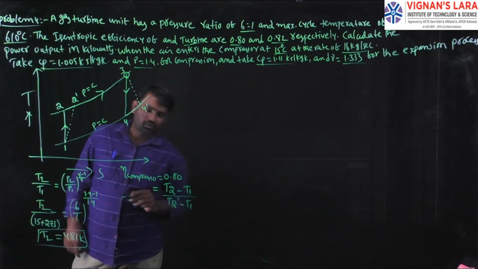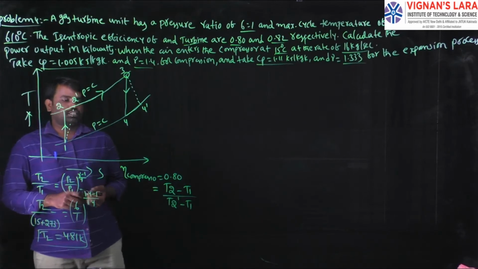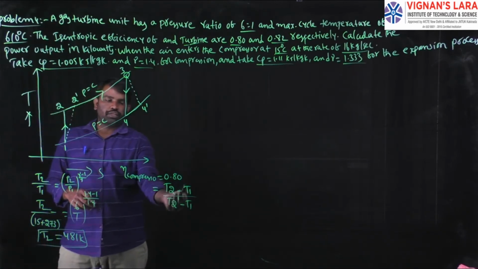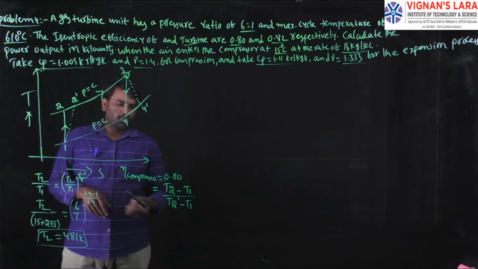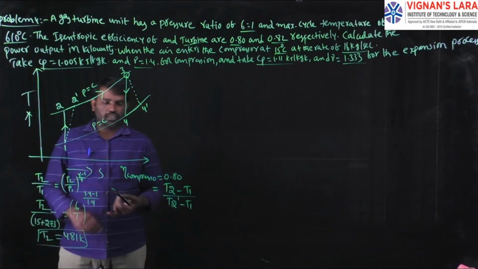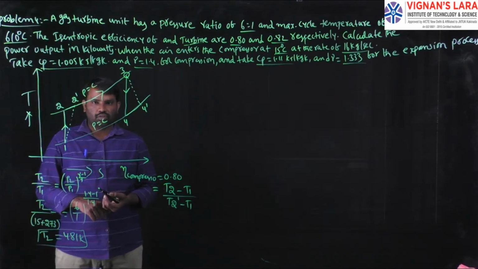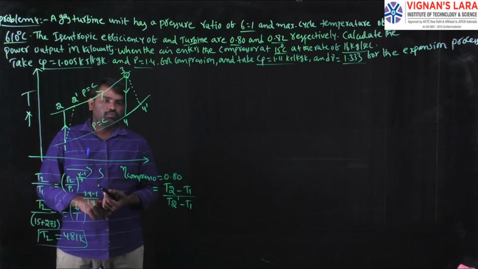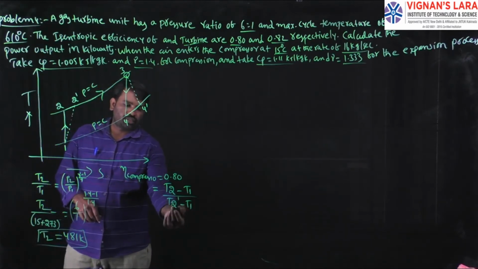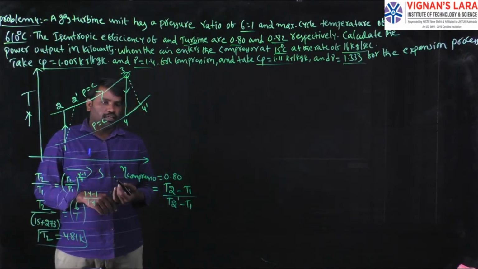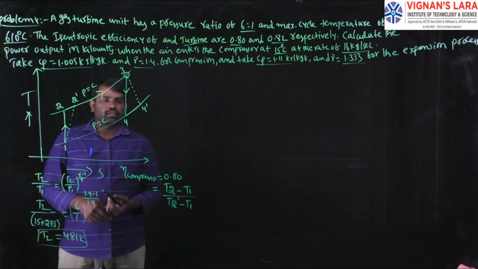In the theoretical case the compressor work is m Cp into T2 minus T1, and in the actual case the compressor work input is m Cp into T2 dash minus T1. Compared to the actual compression work input, the theoretical work input is lesser. That's why we keep the actual compressor work input in the denominator, and in the numerator the theoretical compressor work input.